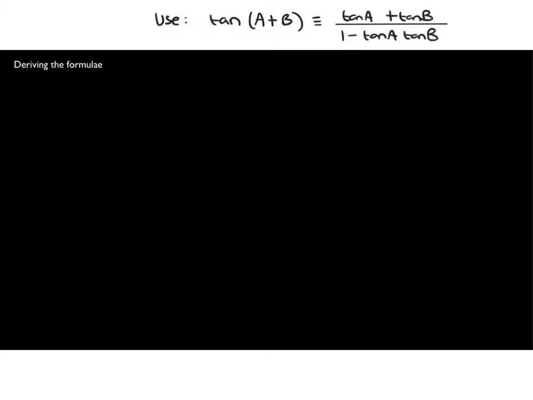So, having identified a double angle formula for cosine and for sine, we're going to do this for tan as well. So here's the compound angle formula for tan, and as we've done in the previous examples, let's let A equal B. So everywhere there's a B, I'm going to replace it with an A. So let's see what we get.